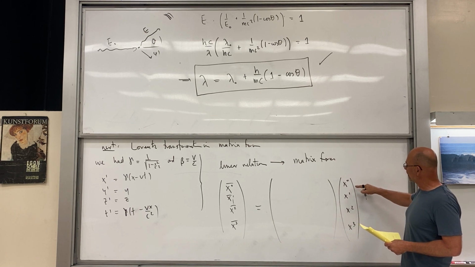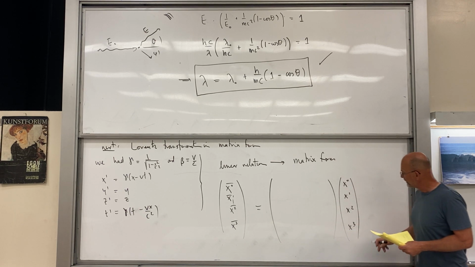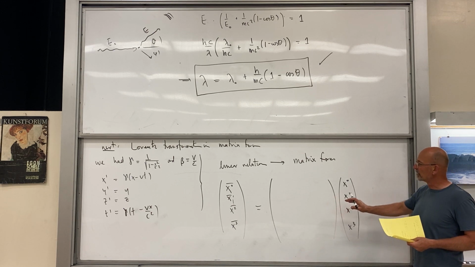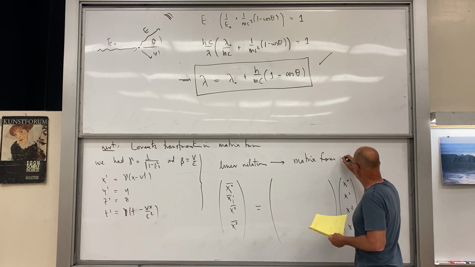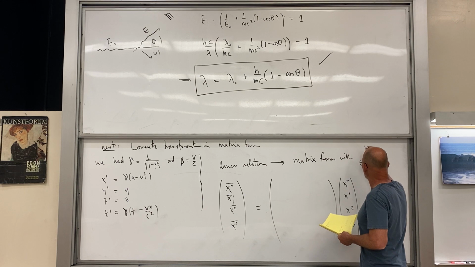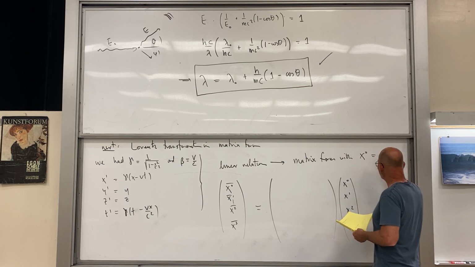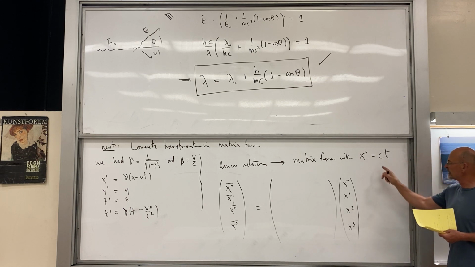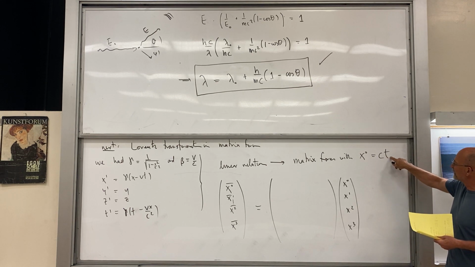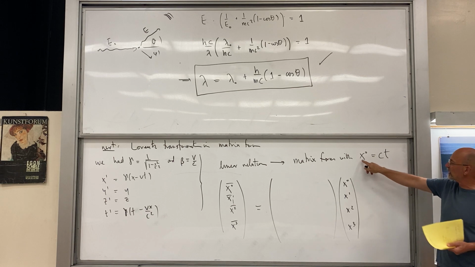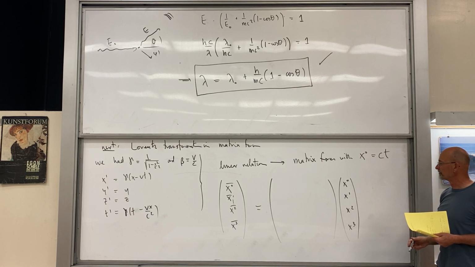And what is this x0? We want everything to be on the same footing, so we introduce x0 equal to ct. C is this universal constant, so we can express times in terms of length simply by multiplying time by c.